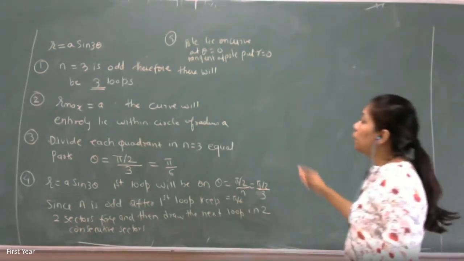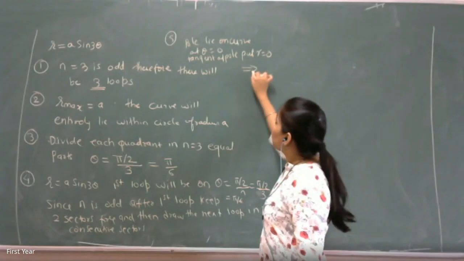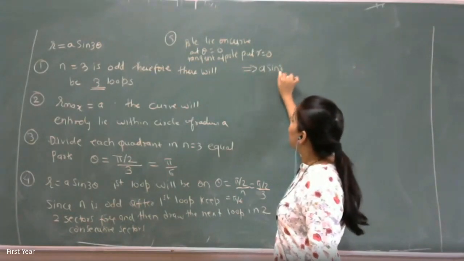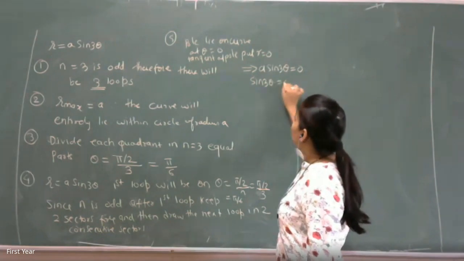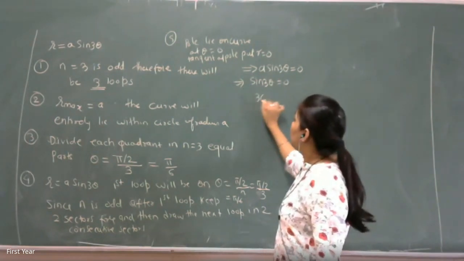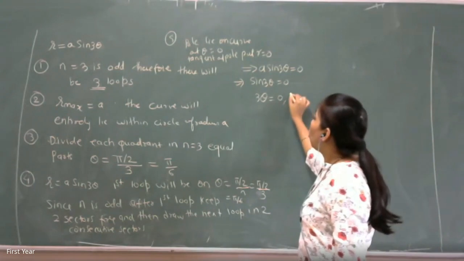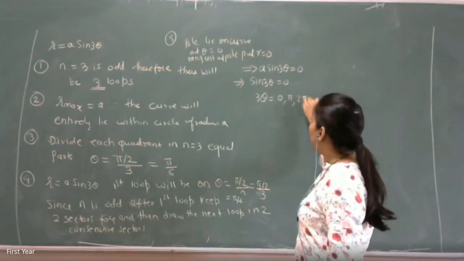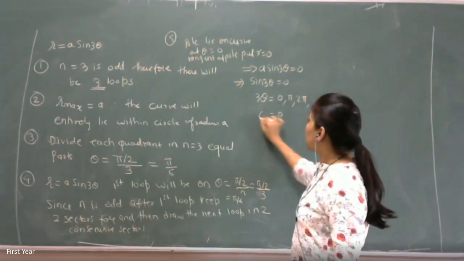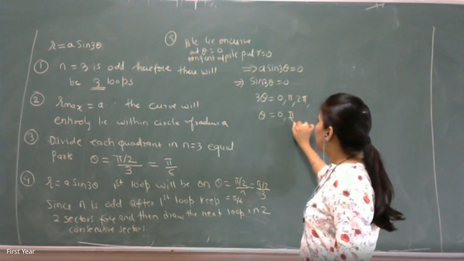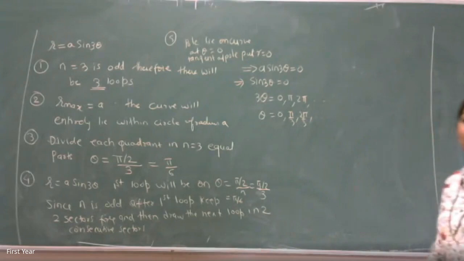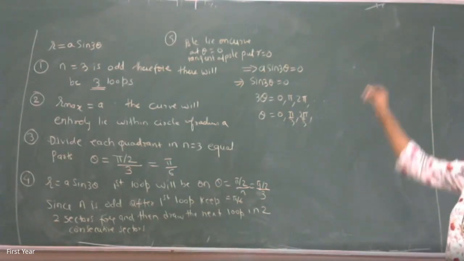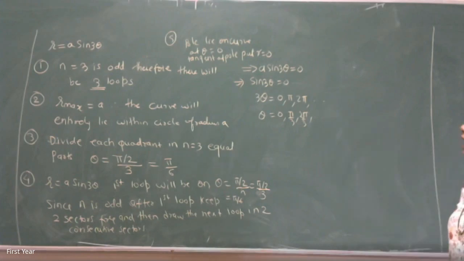So put r = 0, that means a sin 3θ = 0, that is sin 3θ = 0. So 3θ is 0, or pi, or 2 pi, and so on. So θ = 0, pi by 3, 2 pi by 3, and so on. These are your tangents at the pole, so these lines will be touching the curve at exactly 1 point.